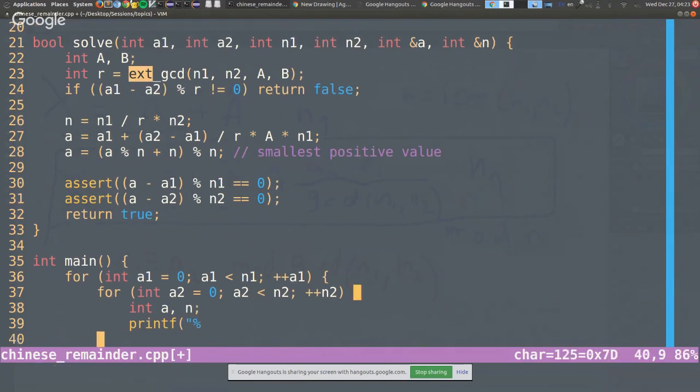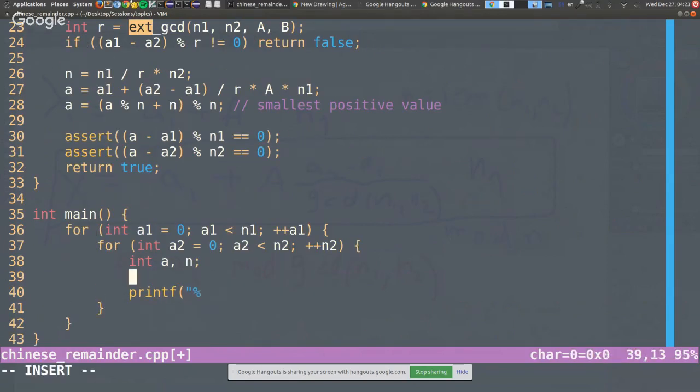Here we can try all the table as we used to do earlier. We'll do A1, 1, 2.